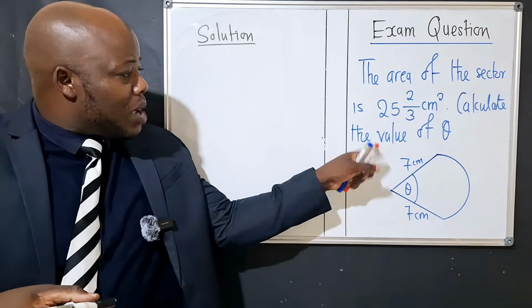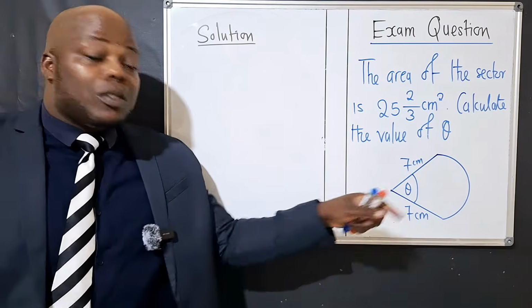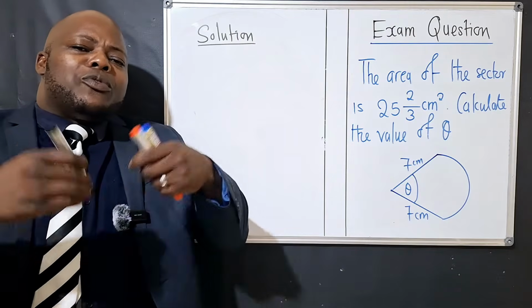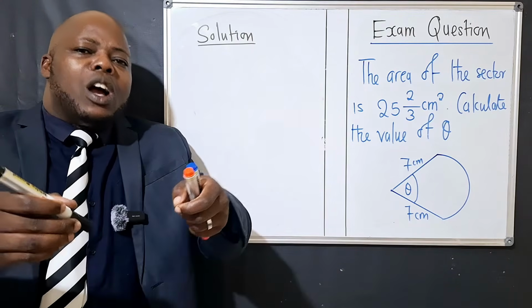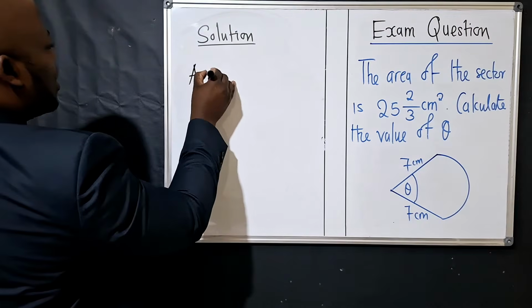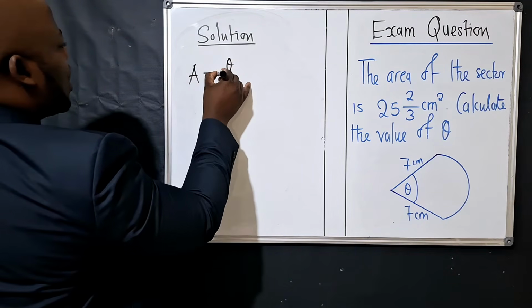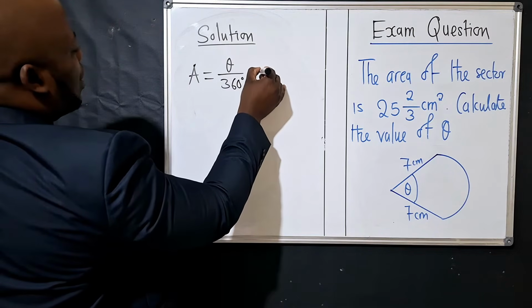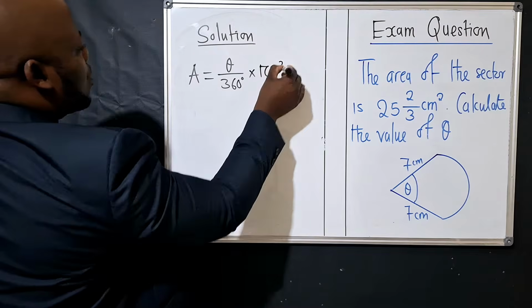And we think of the formula for finding area. They asked us to find the value of theta. But in our thinking, we think of the formula for finding the area of the sector. So we shall say area is equal to theta over 360 degrees times pi r squared.